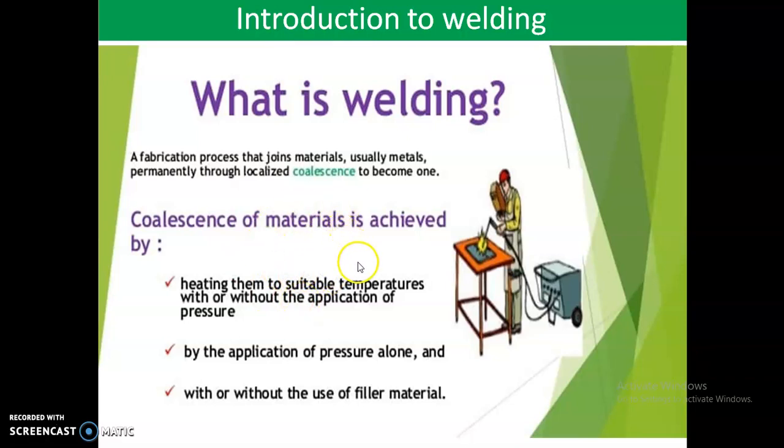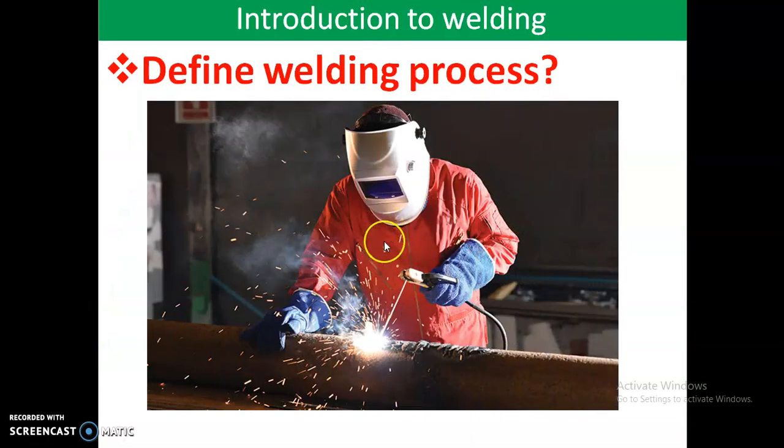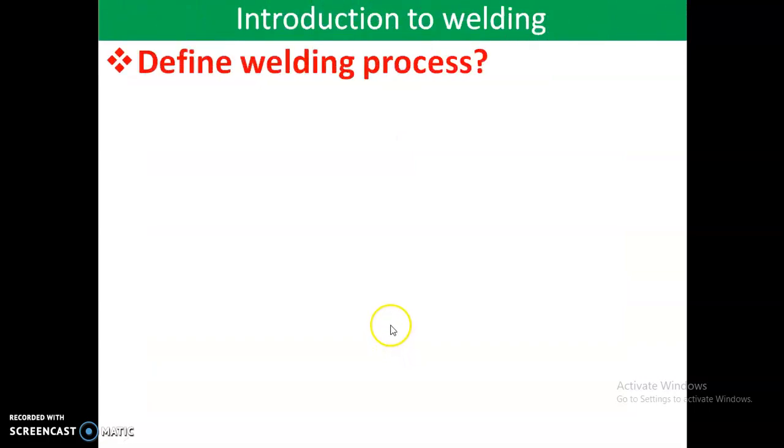Next, let us see another definition of the welding process. This is a welding process diagram. This is an electrode holder, hand gloves, face shield, and this is a workpiece. So how can we define welding process? Welding is the process for joining different materials.